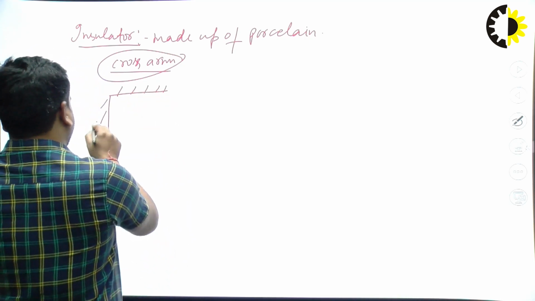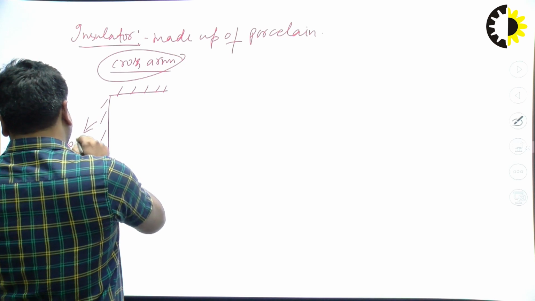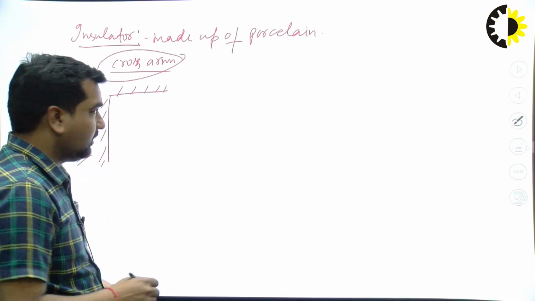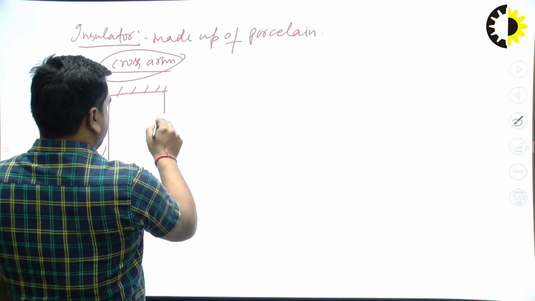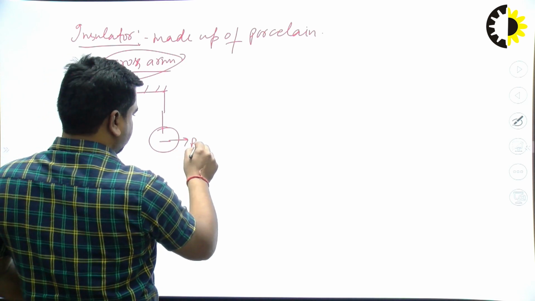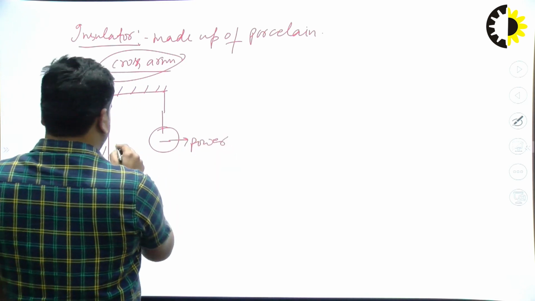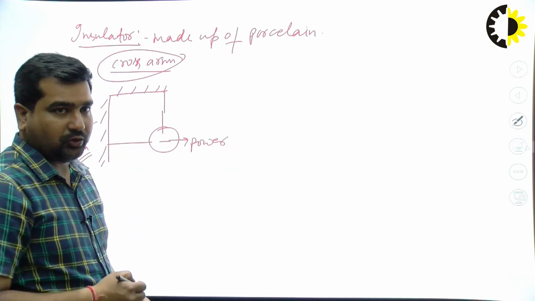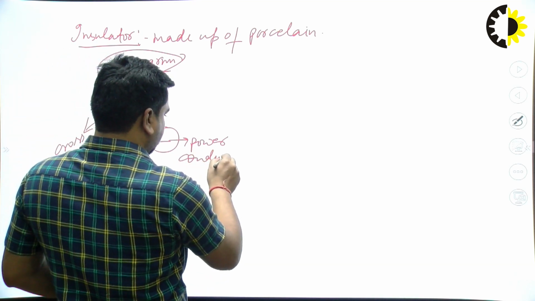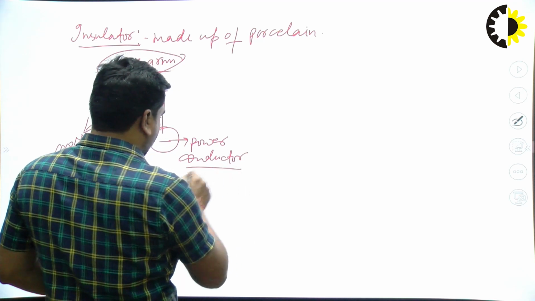These are the cross arms. Nearby there is a power conductor that is hinged with the cross arm and the tower structure.